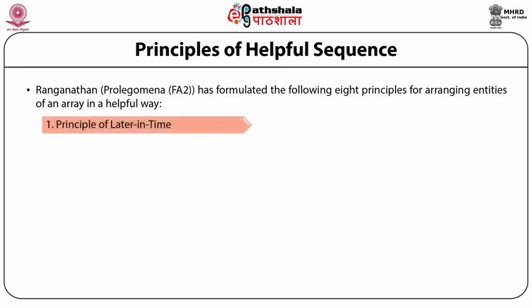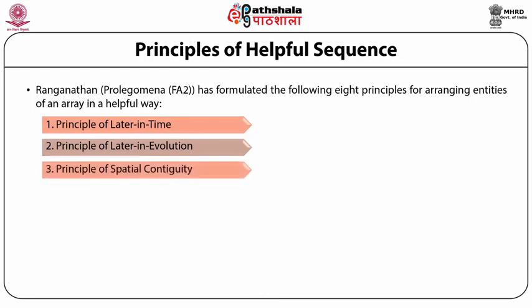Principle of later in time, or Q principle you can also call it. Principle of later in evolution, as the things occur in time or they evolve. Principle of spatial contiguity or geographical nearness. Principle of quantitative measure, meaning if the things involve quantity, they can be arranged according to their quantity, increasing or decreasing.